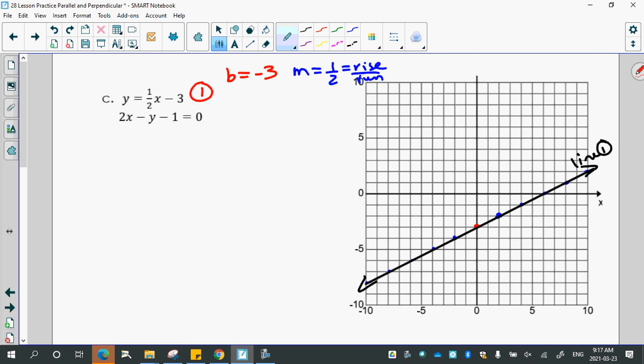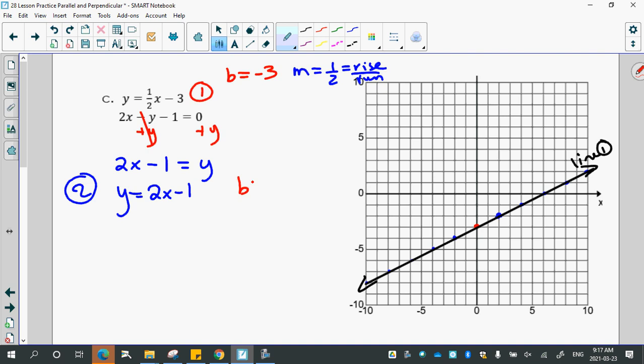Anyone want to say what their first step for line 2 would be? Vanessa. So you get? Perfect. So y is 2x minus 1. Pretty good. So in that case, this is our line 2. Our y-intercept would be -1.